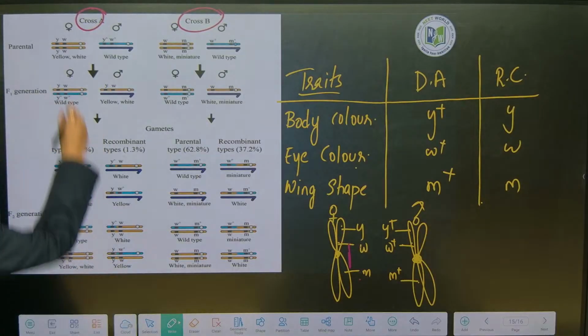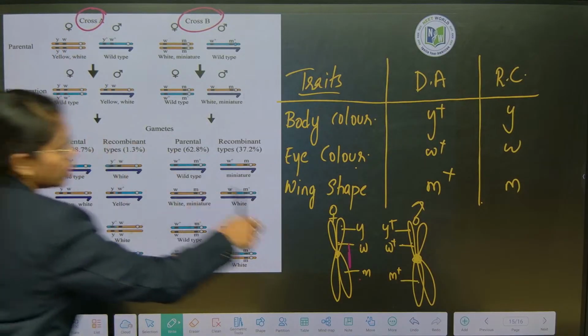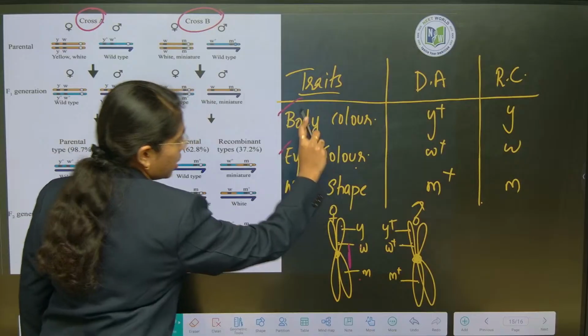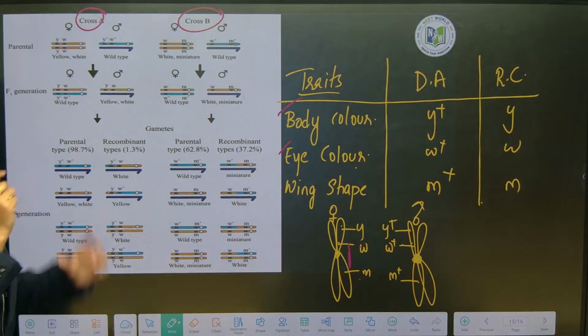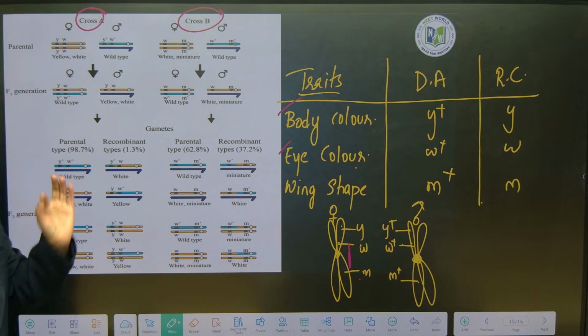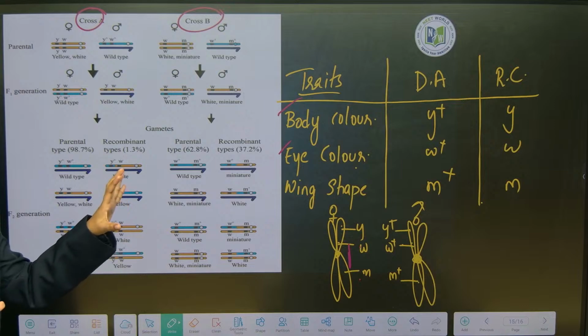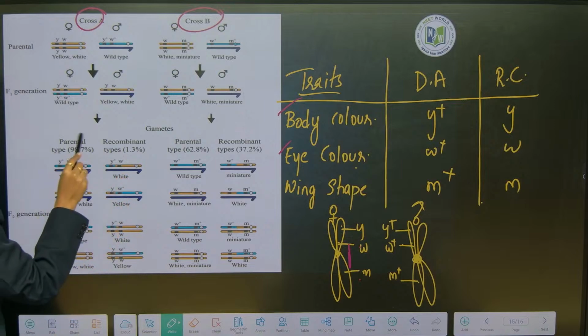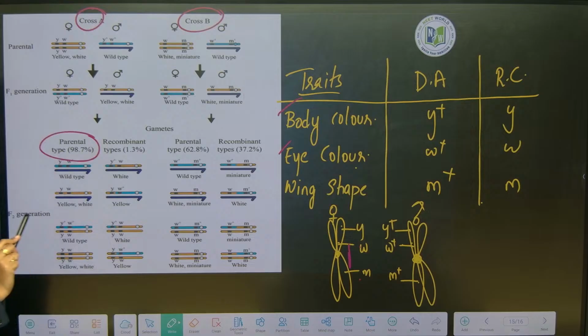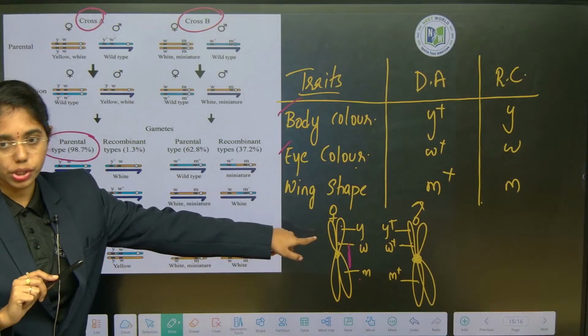Here you observe in cross A, two traits are considered, body color and eye color. As they are closely arranged to each other, after the parental cross in the F1 generation, if you see the percentage of parental type combinations and recombinant combinations, parental combinations are 98.7% because they are closely linked to each other.